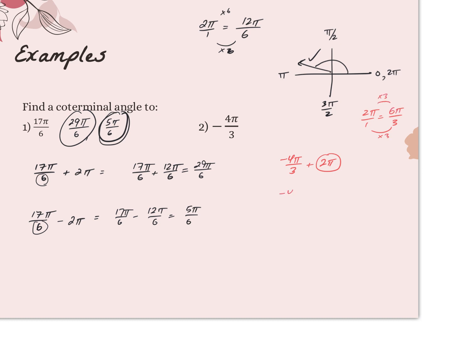So this is negative 4 pi over 3 plus 6 pi over 3, and that's going to give me positive 2 pi over 3. So 2 pi over 3 is one coterminal angle. If I had subtracted the 2 pi, so subtracting 6 pi over 3, I get minus 10 pi over 3, and that's also coterminal. Now, I prefer this one. This is within one revolution and it's positive, which is what we want. So that's what I would go with.